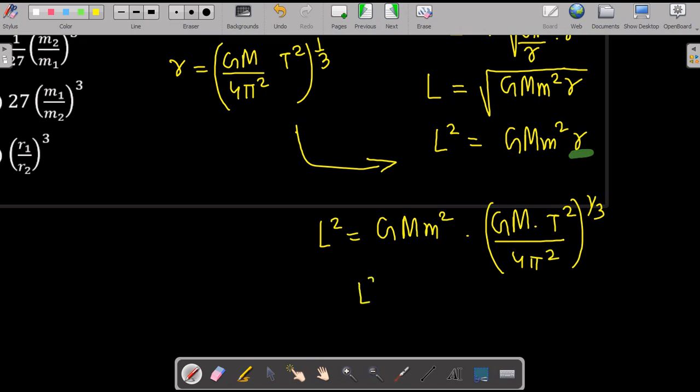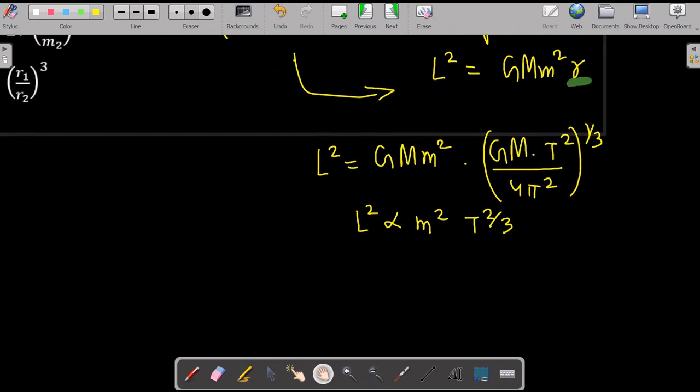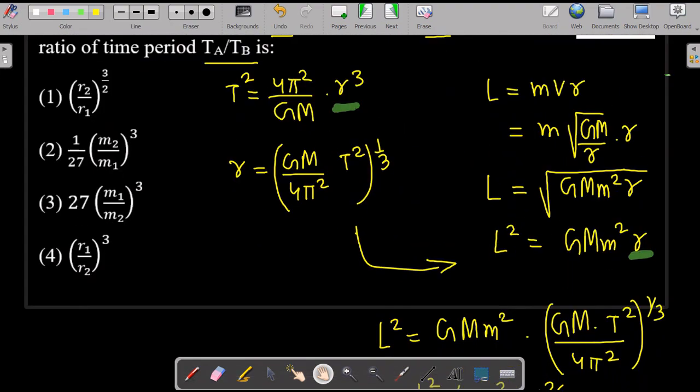L square is proportional to m square, the mass of the sun you can leave, T square power 1 by 3, that is 2 by 3, right? So the radius got eliminated. Now if you want, you can take the cube of that, otherwise you can keep it.